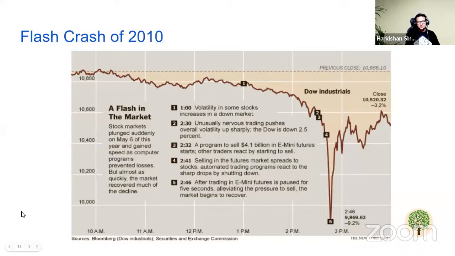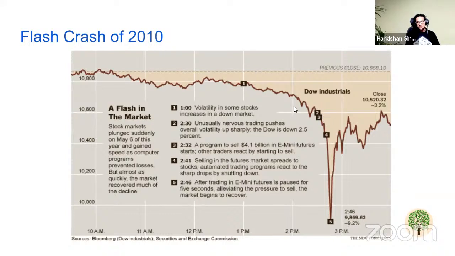But especially I would like to bring your focus to the x-axis. If you see the time, this is morning 10 a.m. and the volatility kicked in at 1 p.m., and nearly around 2:45, this big flash crash happened, around 9.2% of the Dow.